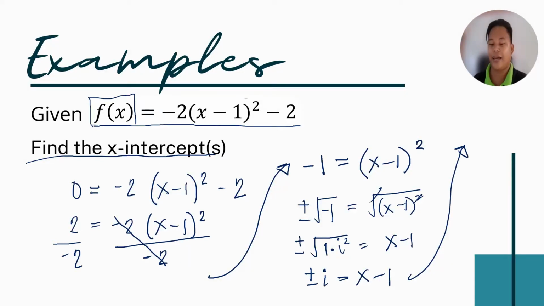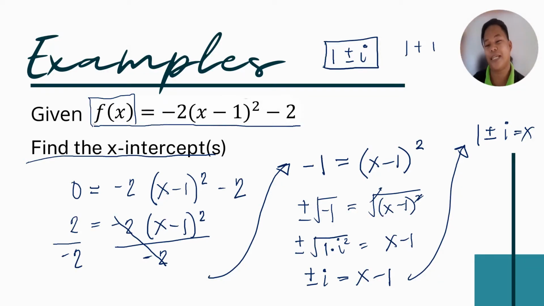Then, we have 1, nilipat yung negative 1 sa left, naging positive po siya, plus minus i is equal to x. Then, the x-intercepts are 1 plus minus i po yung ating value. Or if we're going to separate, 1 plus i and 1 minus i.